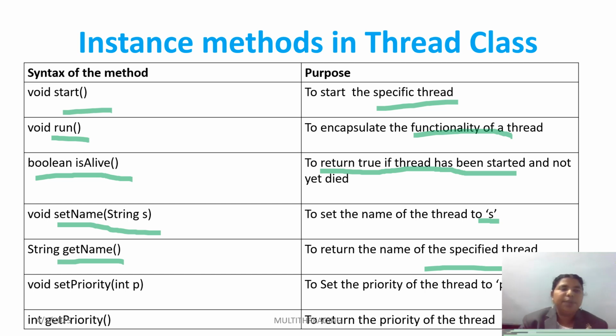We have the next method, void setPriority, where we can set the priority of a thread to a given value. And the last method, int getPriority, is used when we want to view the priority of a thread. So this is a summary of all the instance methods in the Thread class.